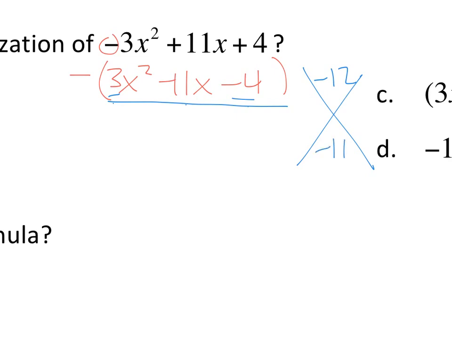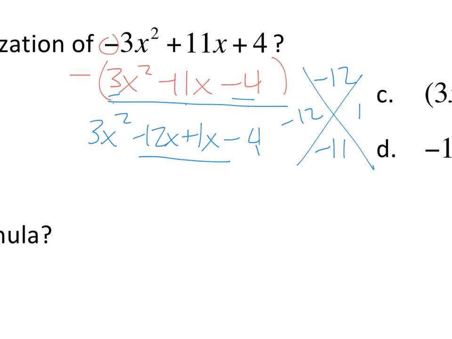Looks like my two numbers that solve this are negative 12 and positive 1. This is not a shortcut type method, so I'm going to rewrite as 3x squared minus 12x plus 1x minus 4. Notice it's the same thing as the line above it, except I replaced the middle two terms.